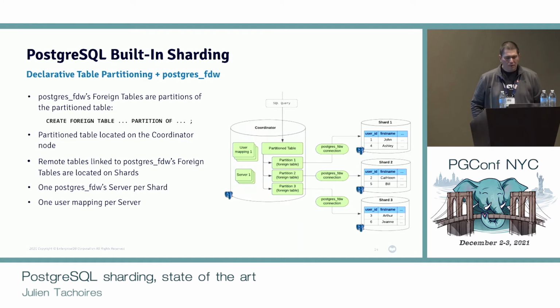The partitioned table is located on the coordinator node. Remote tables linked to foreign tables are located on the shard nodes. One Postgres foreign data wrapper server must be created per shard node, and one user mapping must be created per server.